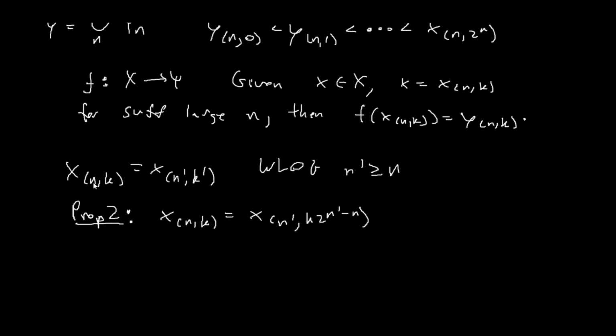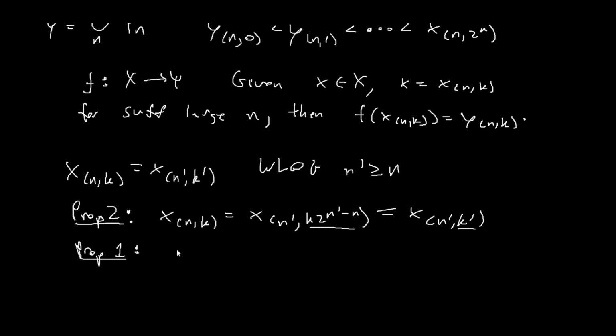So to go from step n to step n prime, you just need to multiply k by 2 an appropriate amount of times. And then, by proposition 1, the second indices have to match, because this equals xn prime comma k prime. So this k prime has to match this index, because it has to be the same labeling at step n prime.